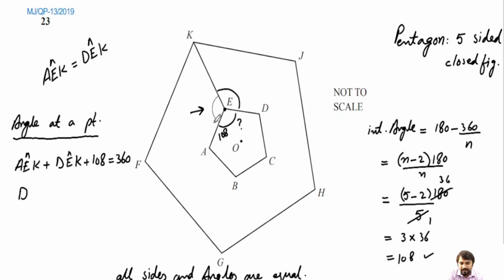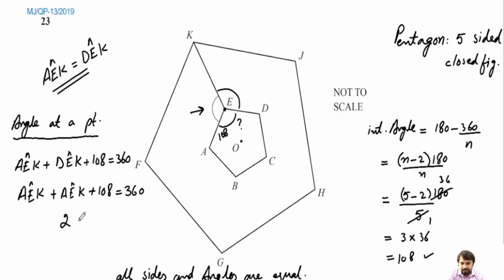We need to calculate angle AEK, so do not change it. Change the other one, that is angle DEK. We can write angle AEK instead of DEK because these two angles are of equal magnitude. Plus 108 equals 360 degrees.